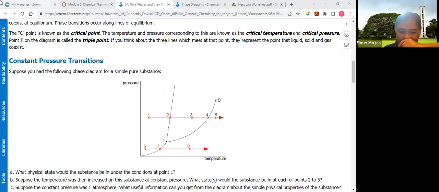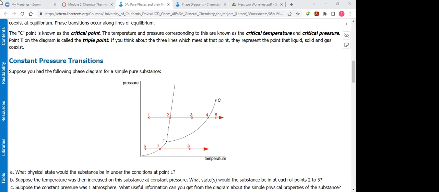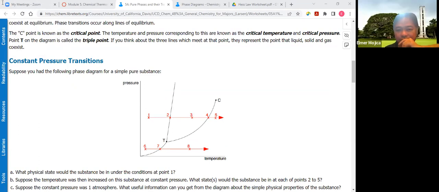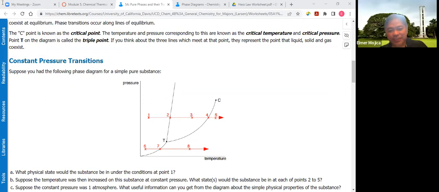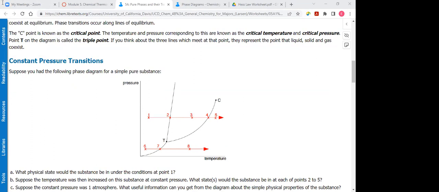They could ask you, what is the phase of number 1? Or phases? So what is 1? Solid. What is number 2? Solid and liquid. Number 3? Liquid. Number 4?